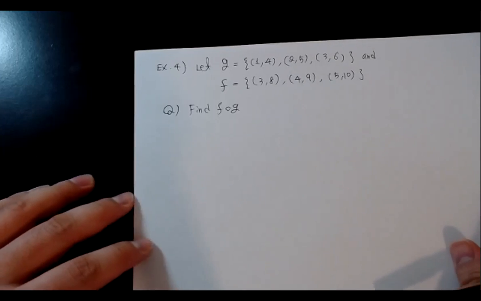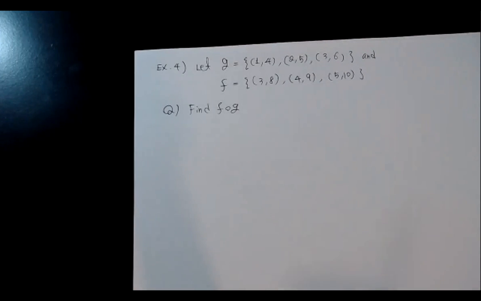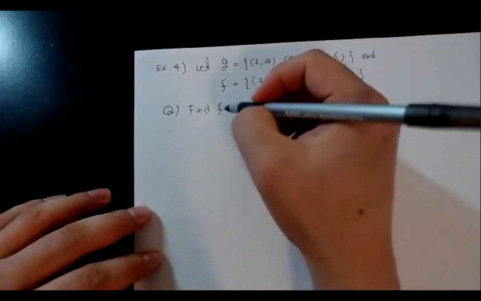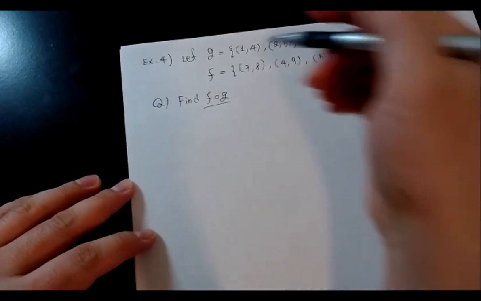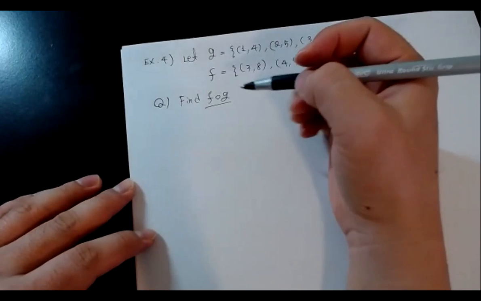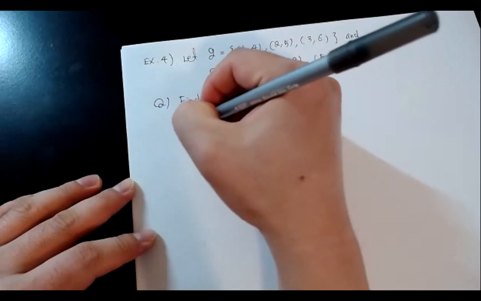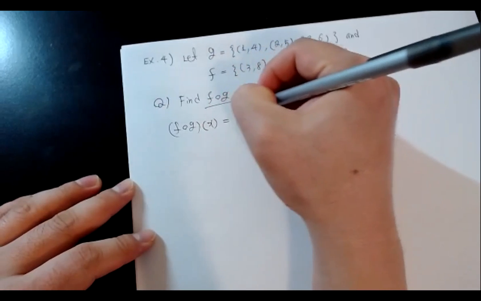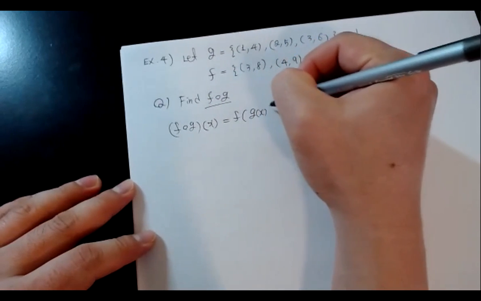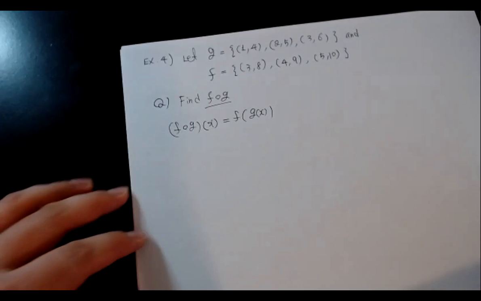All right, so now two functions are given as sets of pairs, and we find f circle g. So what are we going to do? We start from f circle g of x, which is f of g of x. We start from the definition of the composition, right?